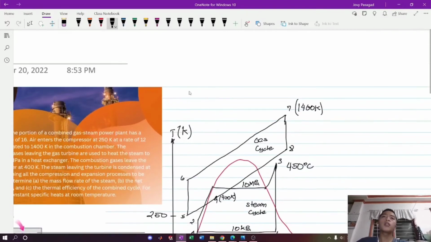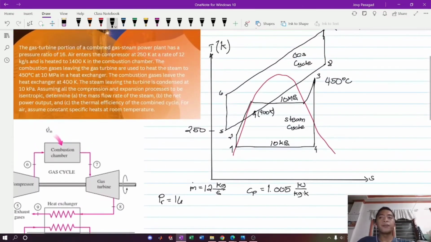By the way, ang atong reference book ani is Thermodynamics: An Engineering Approach by Cengel. We also have the ratio, gitawag siya K ratio, Cp over Cv, the specific heat ratio, which is approximately 1.4.